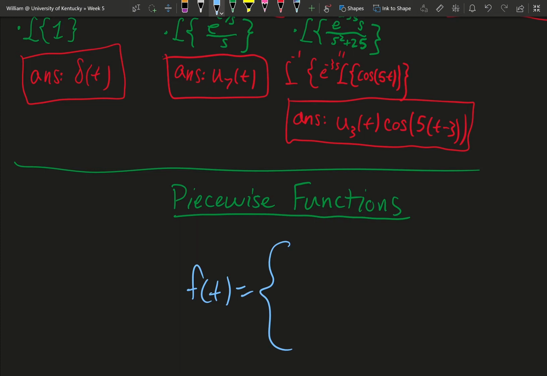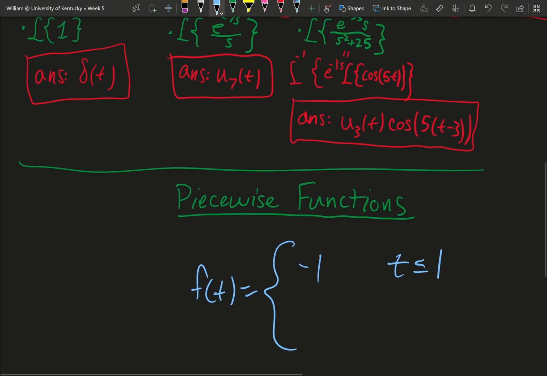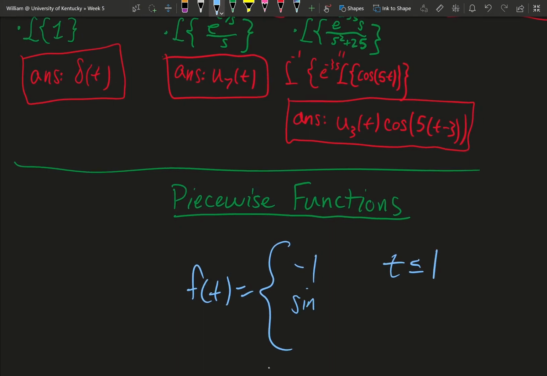So it might take on the value negative 1 if t is less than or equal to 1. We might be equal to sine of 4t if, say, t is in between 1 and 15. And then we could have e to the 7t for t greater than 15.